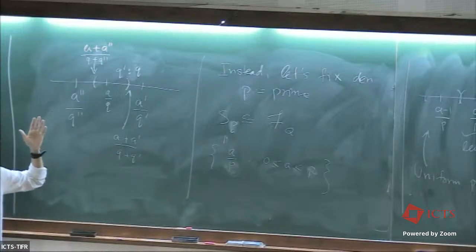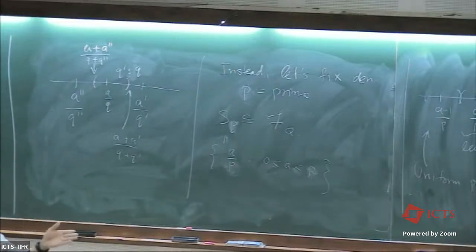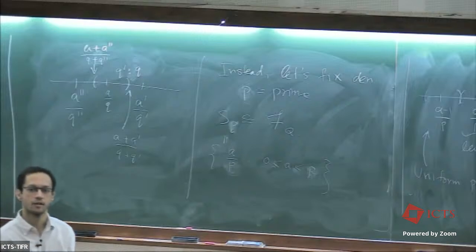So 0 is 0 over 1. So I'm also taking 0 and 1 always, and then all the fractions in between these. These are all the reduced fractions.